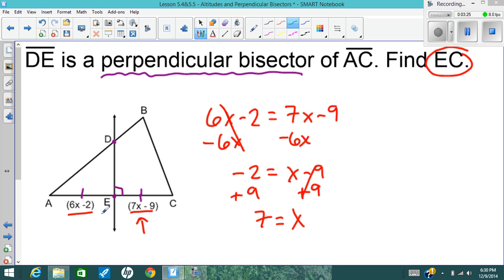And of course, EC and AE should be the same. So if you accidentally plug it into the other one, you'll get the same answer. And we're going to get that the length of EC is 40. So that means the length of AE is also 40, and it means that AC is 80.